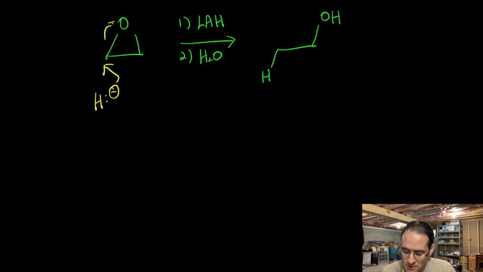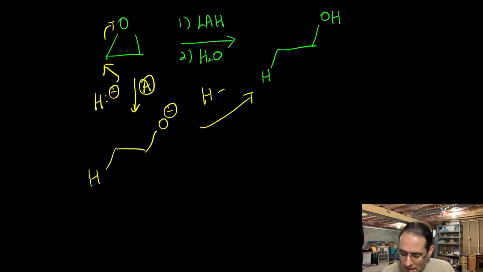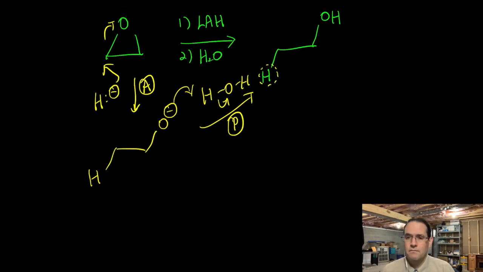The mechanism is going to involve taking your hydride, attacking one of the two carbons of your epoxide to give you ethoxide, and then after that we add water, and you know the drill by now, I believe. You can protonate that to give you the ethanol molecule, okay? But we've added hydrogen here, okay? So this is rather useful.